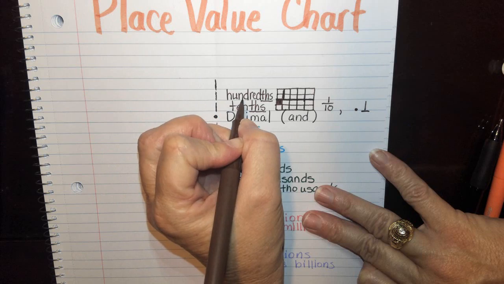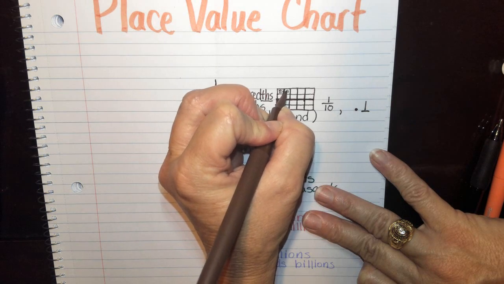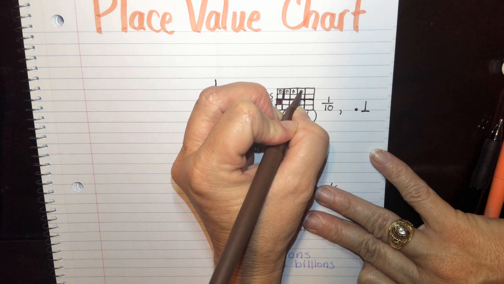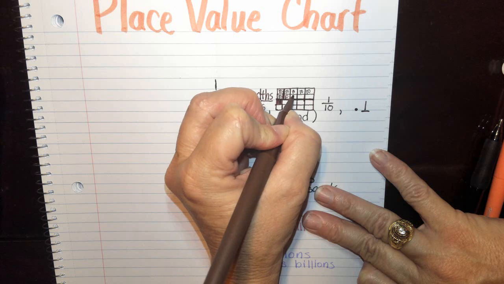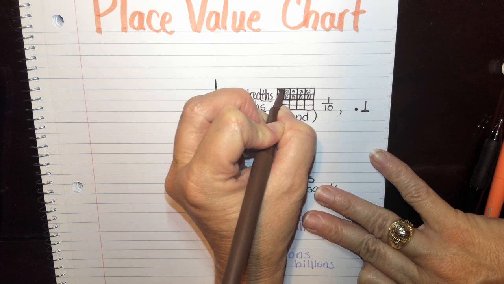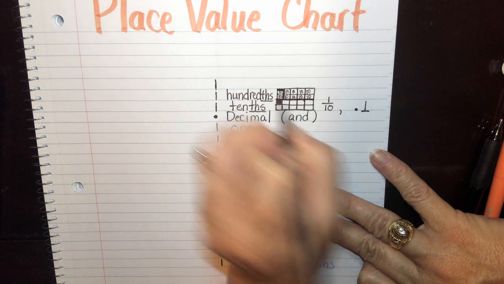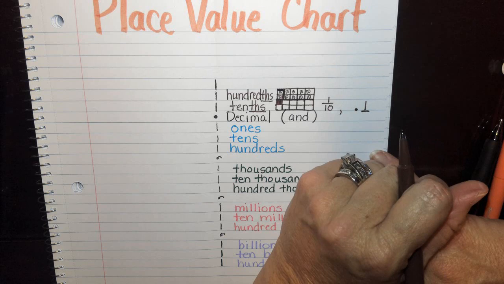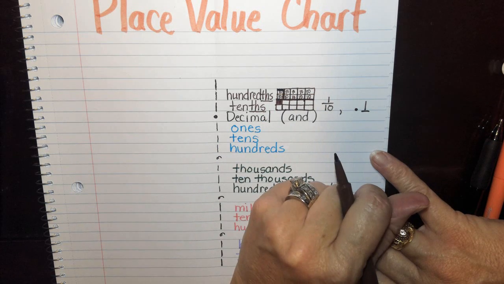But when I have 100 equal pieces, that means there's 10 inside each one of these. So when I look at this and I think about how many equal pieces, they're getting really small. And so 1/100th would be like one little piece that's shaded here.